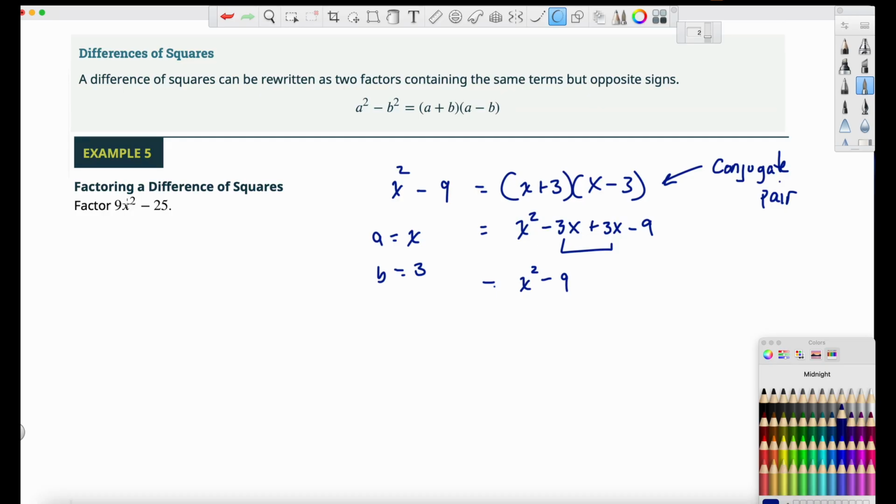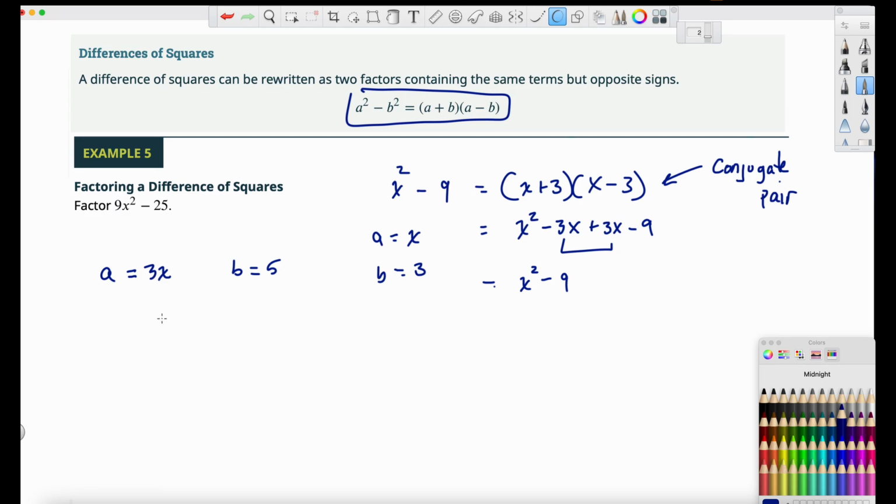We have 9x squared minus 25. These are both perfect squares. So what is the square root of 9x squared? That would be 3x, and that would be our a term. And what is the square root of 25? That would be 5, and that is our b term. Now we're going to use the perfect square factoring formula.